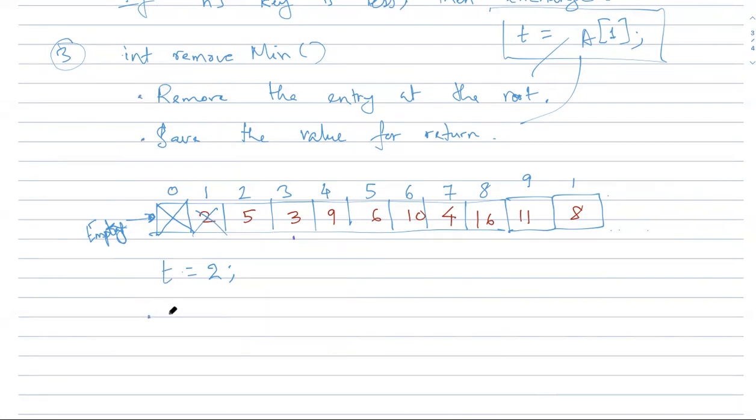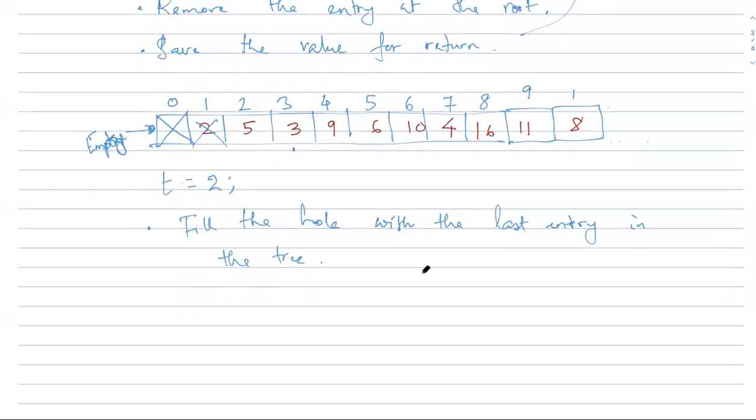So what do you do? You fill the hole with the last entry in the tree. Remember, we need to maintain the complete binary tree property.